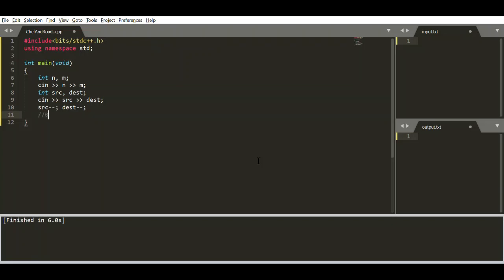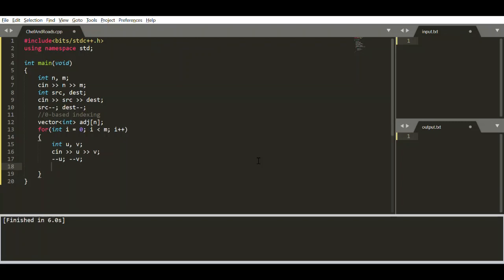Because they've given us one base and I want zero based indexing. Now I need an adjacency list of n size, and for i from 0 to n, read u to v.